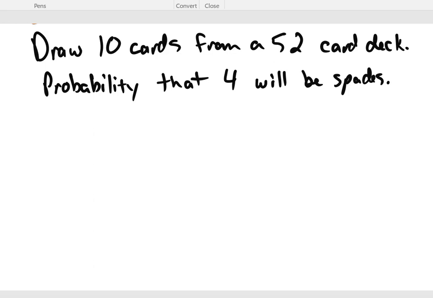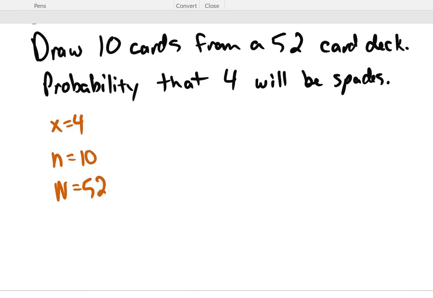So now for this case, x is 4, little n is 10, we're drawing 10 cards, capital N is 52, and m is the number of successes in the whole population. There are 13 spades in the whole population.